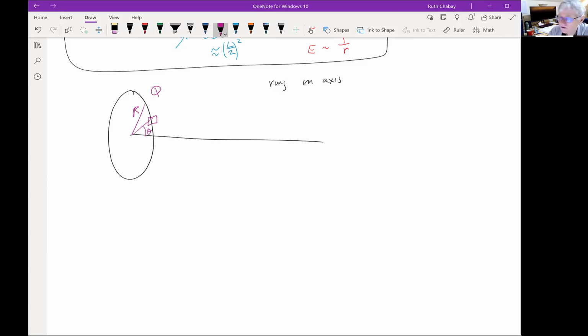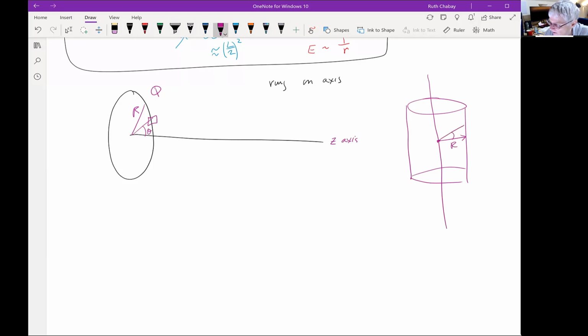And so by convention, again, because we're using cylindrical coordinates, we end up calling this the z-axis. So in cylindrical coordinates, if the origin's here, what you have is an r, you have an angle theta, and you have a z. So basically, we're going to call the axis z.